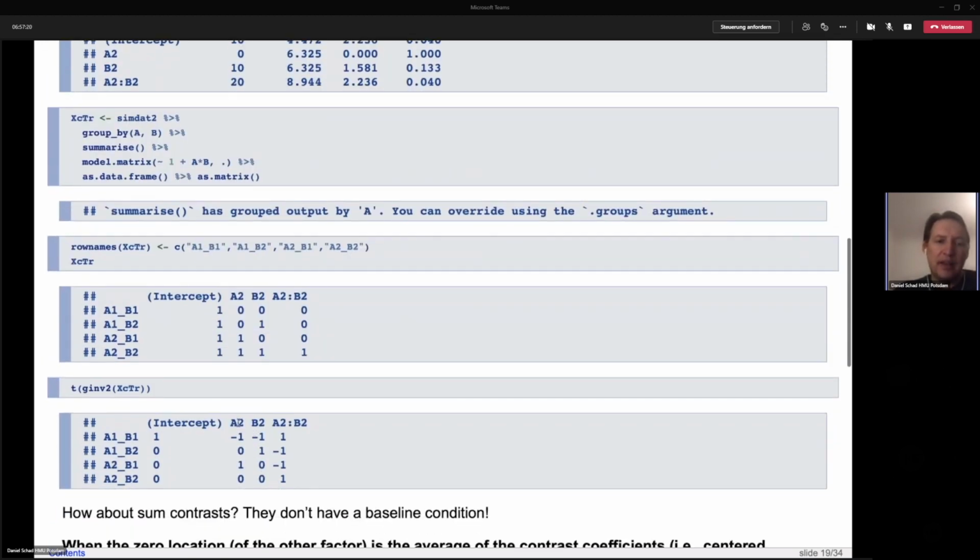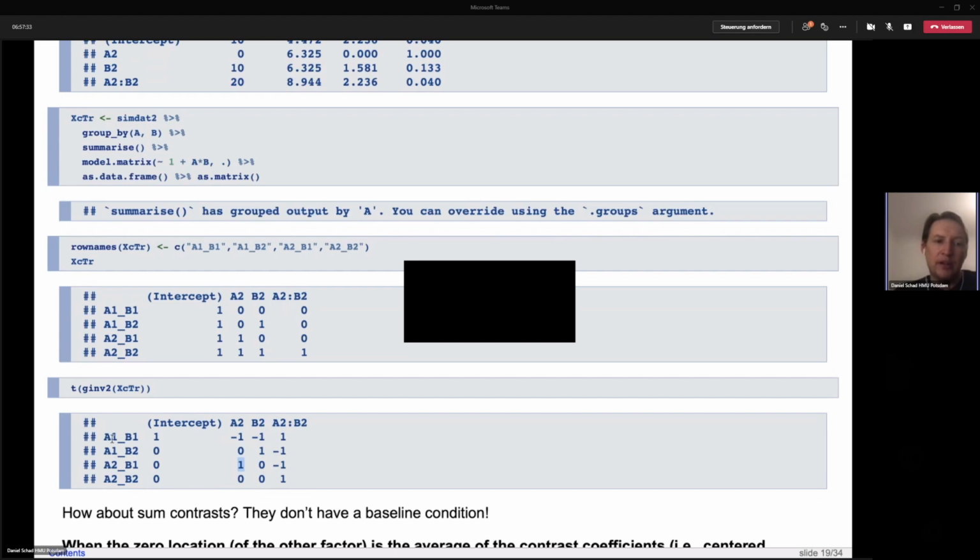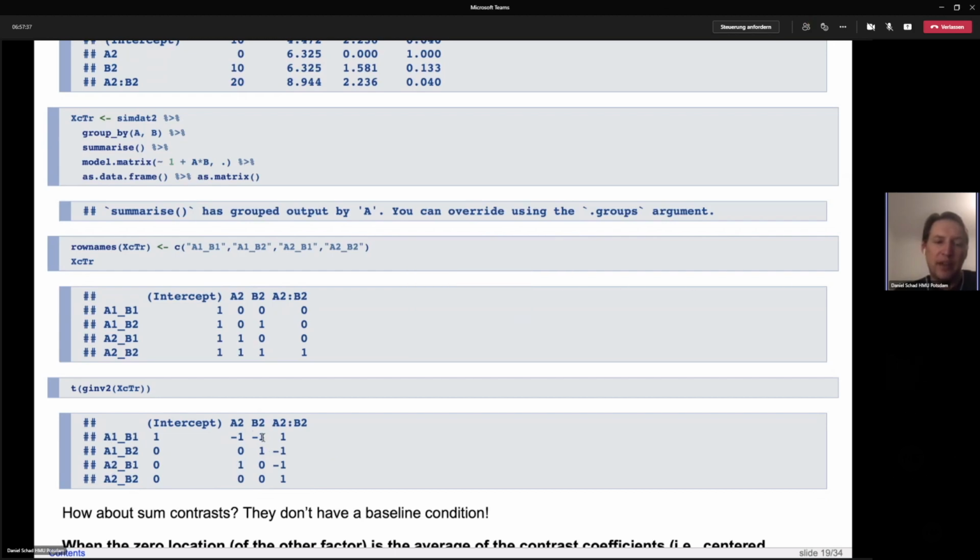And the effect of the factor A tests a nested effect. It tests this cell, nested within B1. So it tests A1 versus A2, both nested within B1. And the effect of B2 tests the difference between B2 and B1 nested in A1.